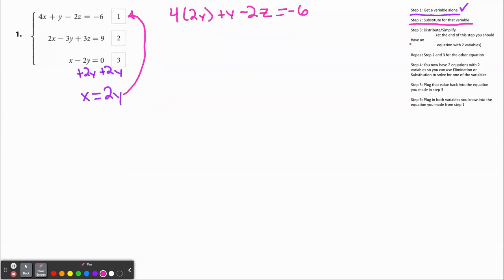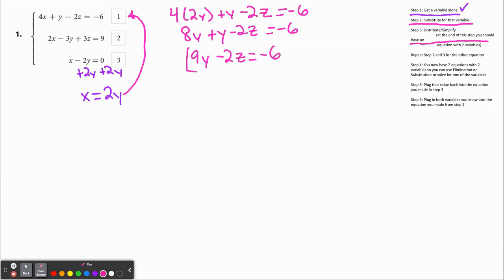I'm going to keep this in the same color because I'm not changing equations just yet, but I'm going to distribute and simplify here. So 4 times 2y is 8y. And then I'm just bringing down the rest of the equation. I'm going to combine like terms to get 9y minus 2z equals negative 6.